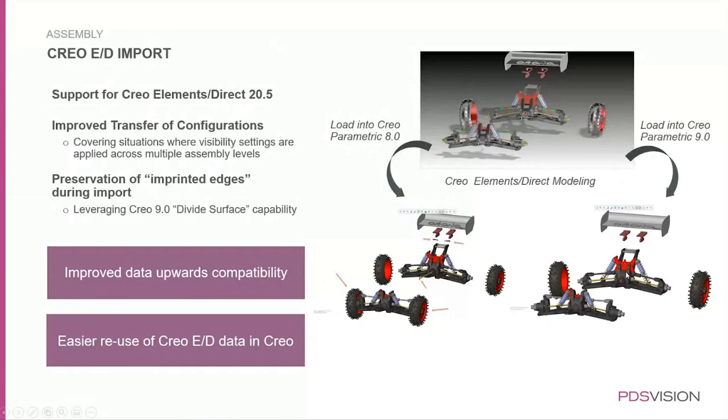But if I load it in Creo 9, then the configuration is as it is in Creo Elements Direct. So basically, this enables reuse of Creo Elements Direct in Creo Parametric. And also, we have something called imprinted edges in there, which is now leveraging the divide surface capability of Creo 9. So even better support between the PTC products.